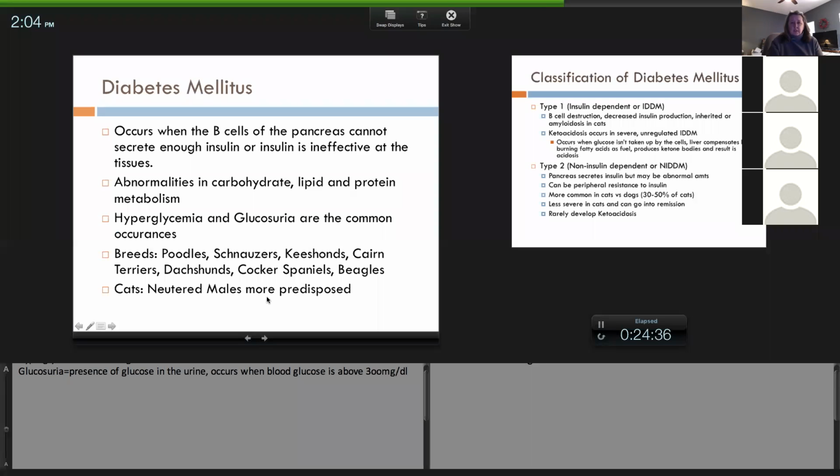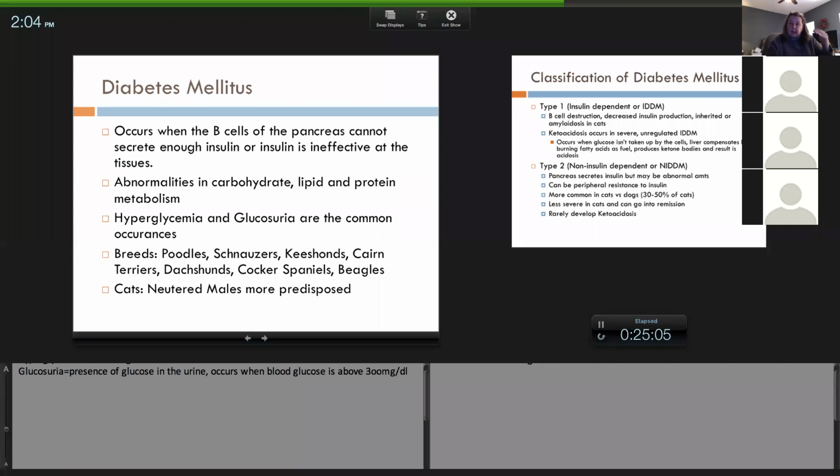Okay, let's talk about one of the more common pancreatic diseases that we see, which is diabetes mellitus. Now, if you remember, I did not put it in this PowerPoint, but when I talked about the endocrine system and anatomy, there was diabetes insipidus. When an animal is deficient in ADH, if you remember, the pituitary gland isn't releasing ADH or the hypothalamus isn't producing ADH.